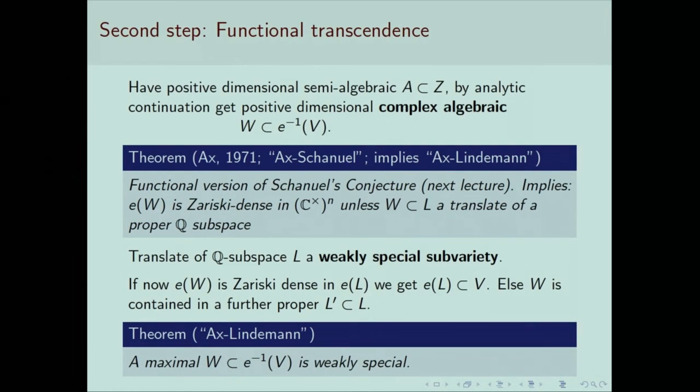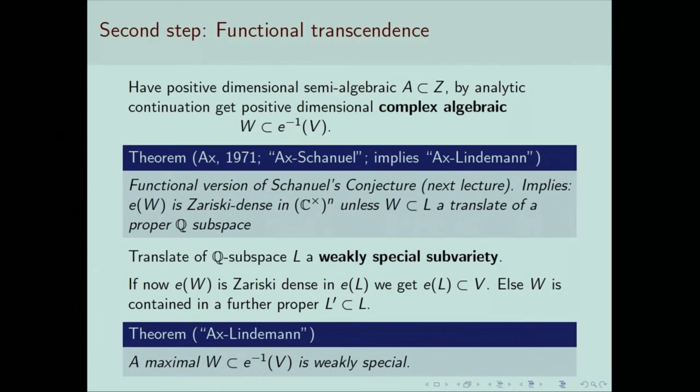So these translates of rational subspaces I'm going to call weakly special subvarieties, for forwardly consistent notation. And I call this theorem Ax-Lindemann because it's somehow the functional analog of Lindemann or Lindemann-Weierstrass theorem.